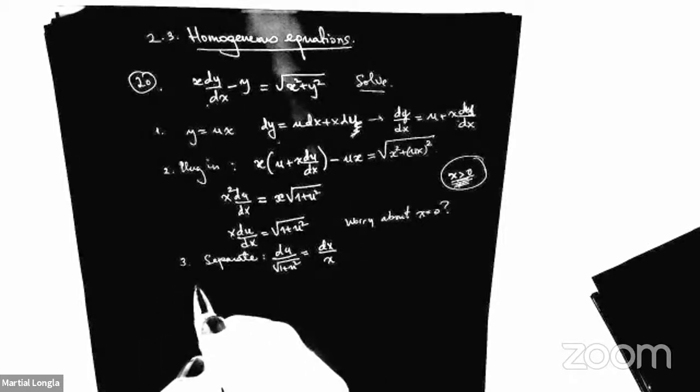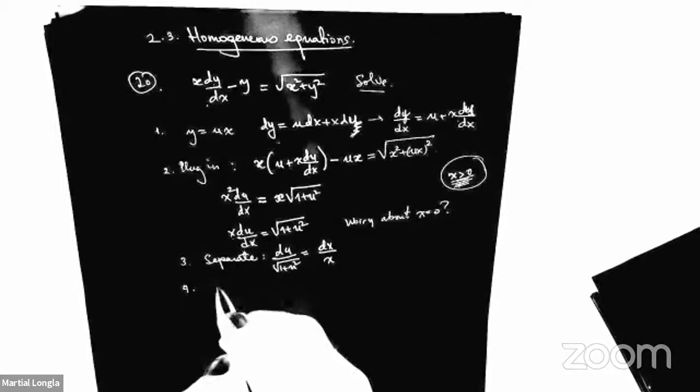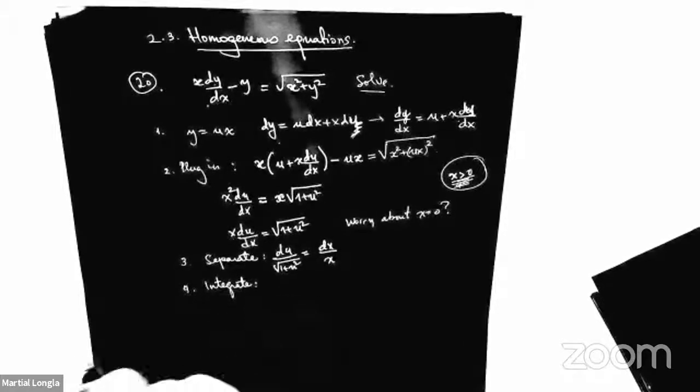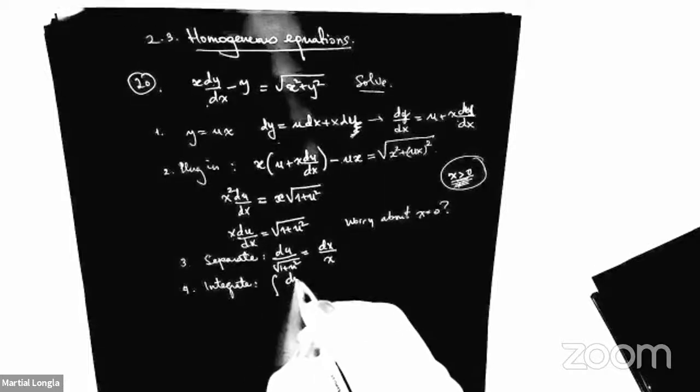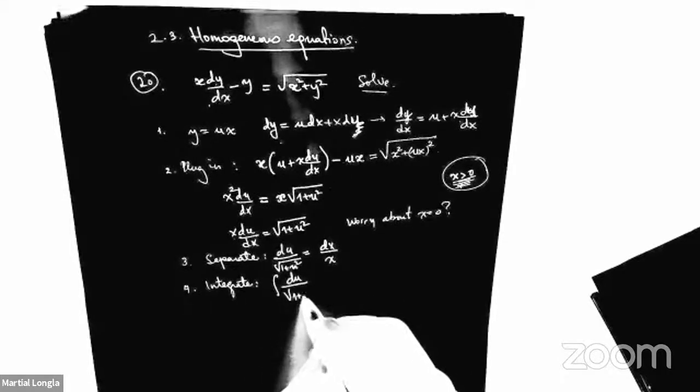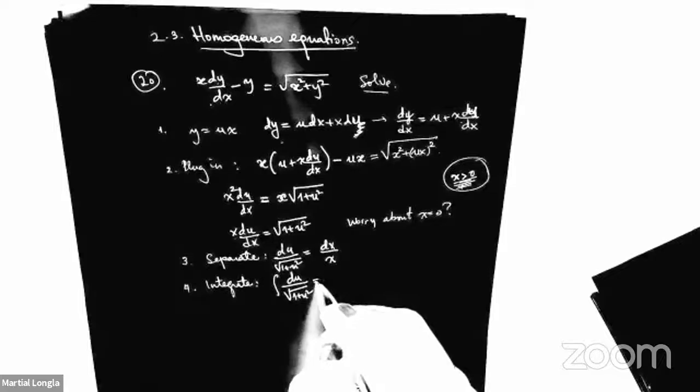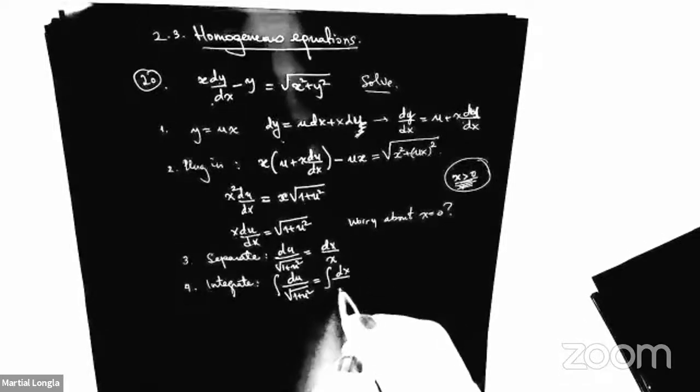Now your variables are separated. Now you integrate. So you have the integral of du over the square root of 1 plus u squared equals the integral of dx over x.